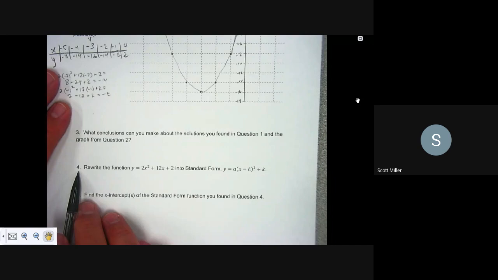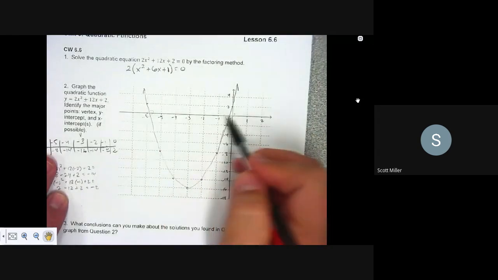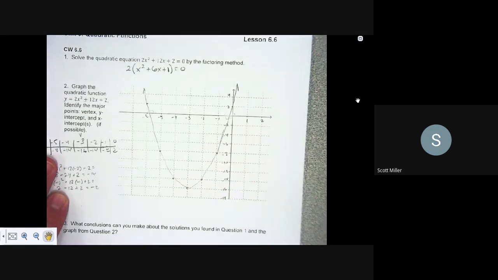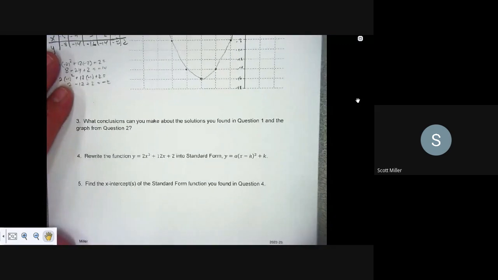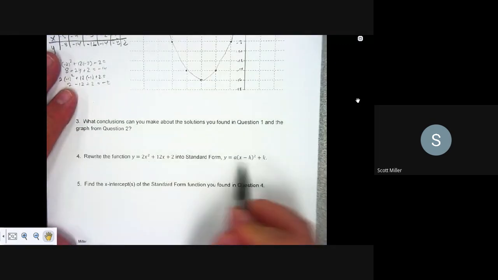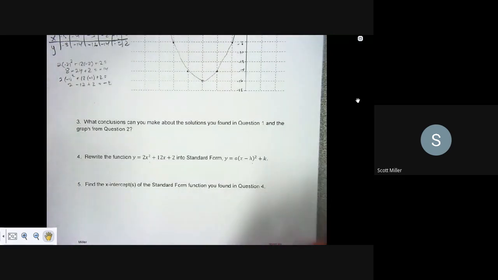If you look out here at this next question, again, things to understand here. Since the graph crosses the x-axis, it has 2 solutions. But I can't find the solutions by factoring, so I need another technique. And this is one of the techniques, completing the square. If I put this into vertex form, then I can solve this equation and find those 2 solutions.